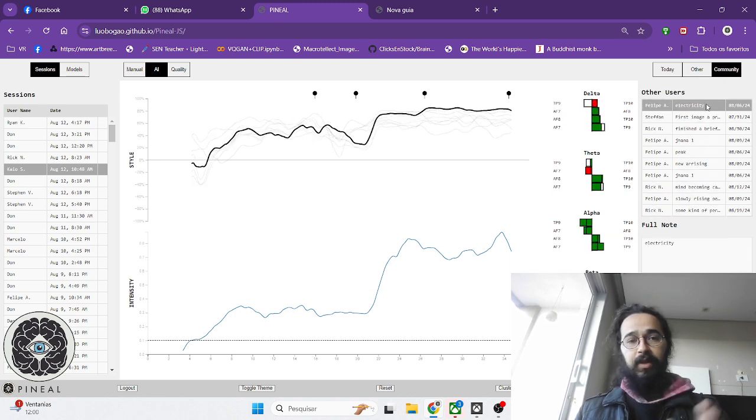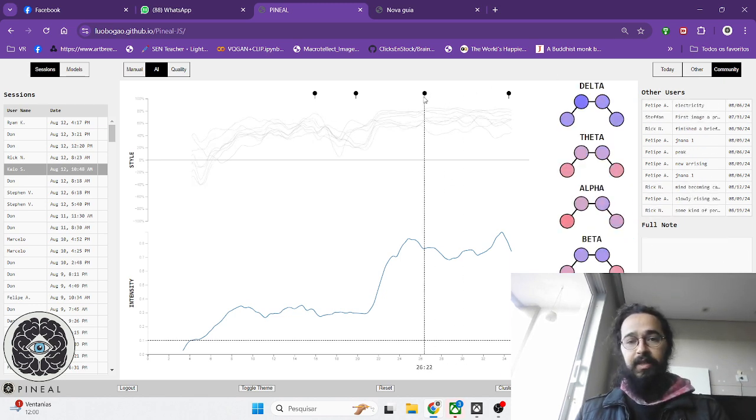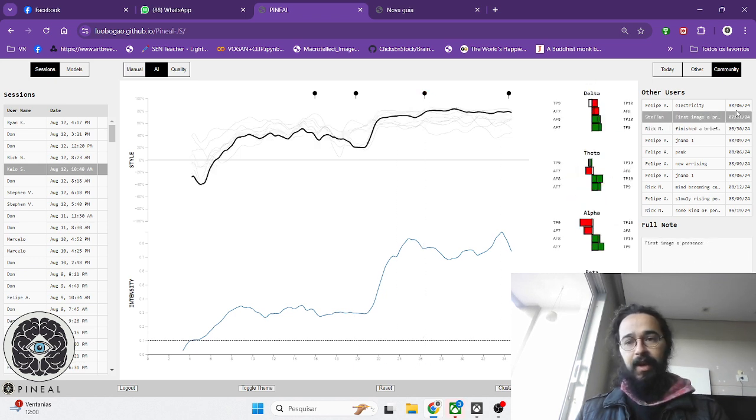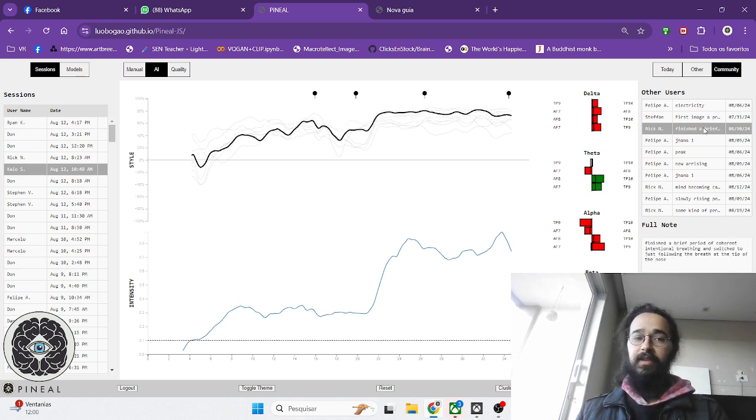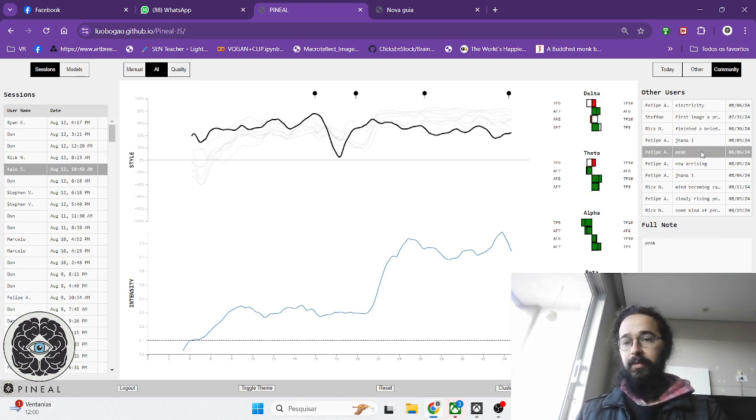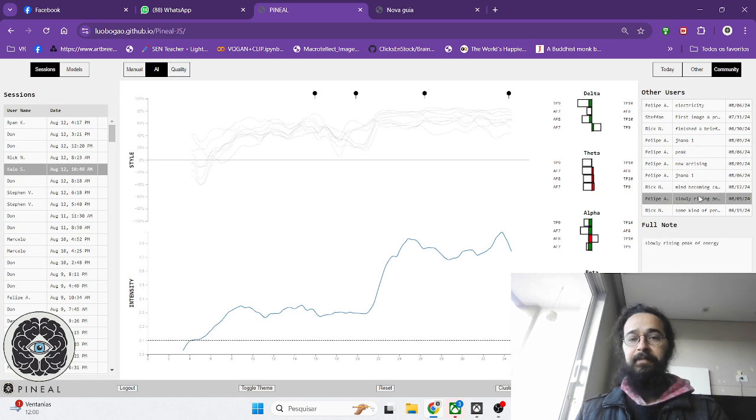So all these practitioners have some type of similarity in relation to this actual session. I can take a look at the whole session, but I can also see my notes of my actual session to see if my pinpoints, my notes, have some similarity with the other people's notes. So I can see if my states of meditation are similar to the states of other people's meditation.